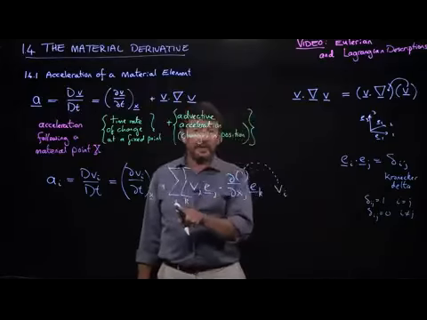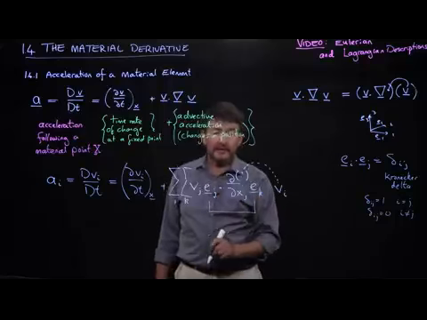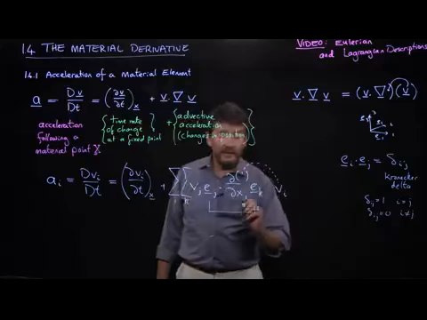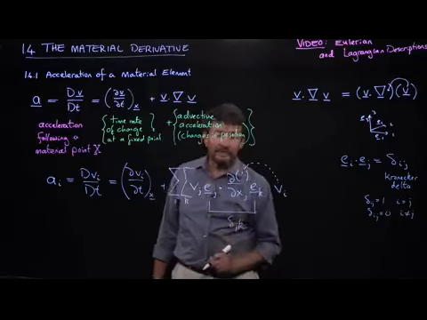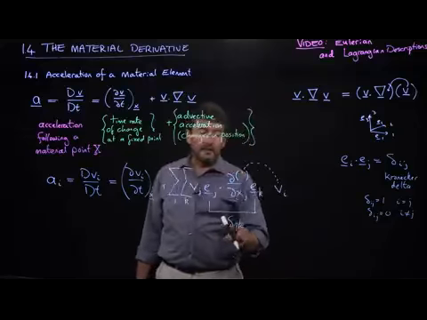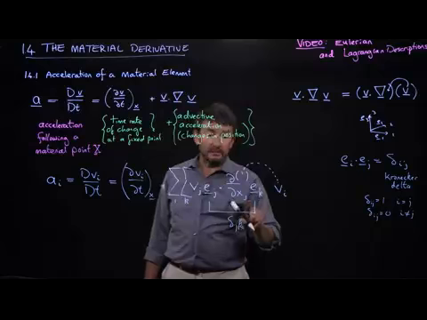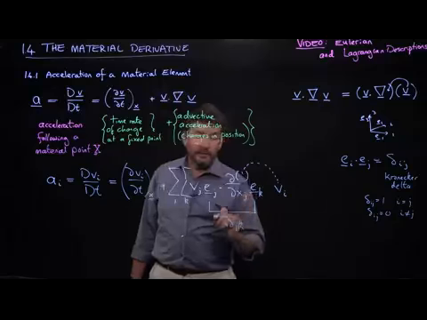Here we see that the summation is over j's and k's. So if we take the dot product of e_j and e_k using this kind of identity, we would say that this would be equal to delta_jk. And then that will only be 1 if j and k are equal to each other, which is what we've got here.